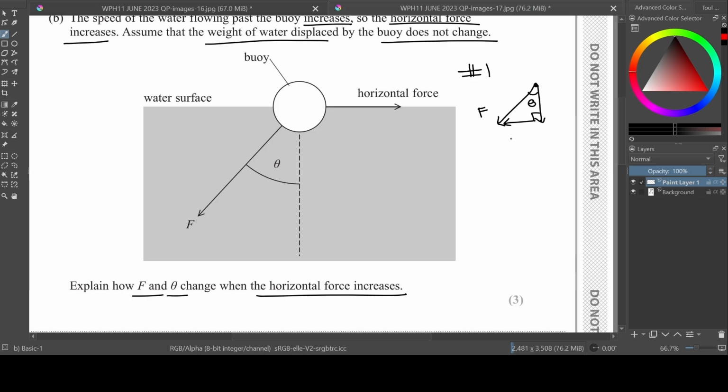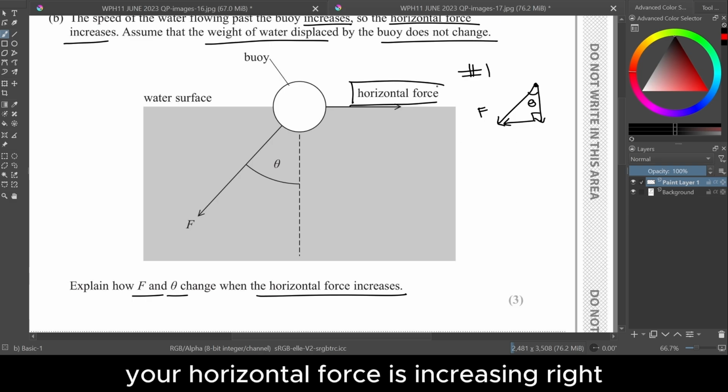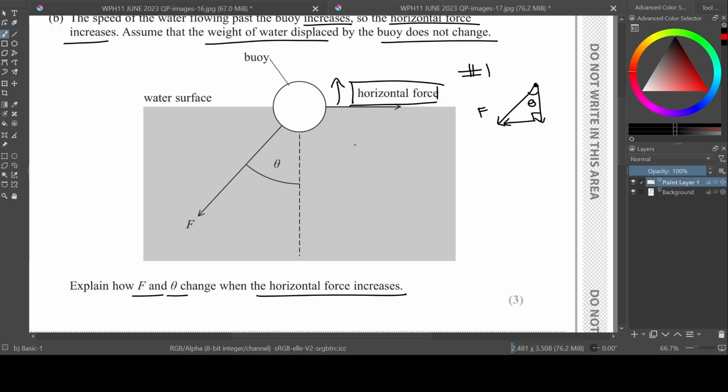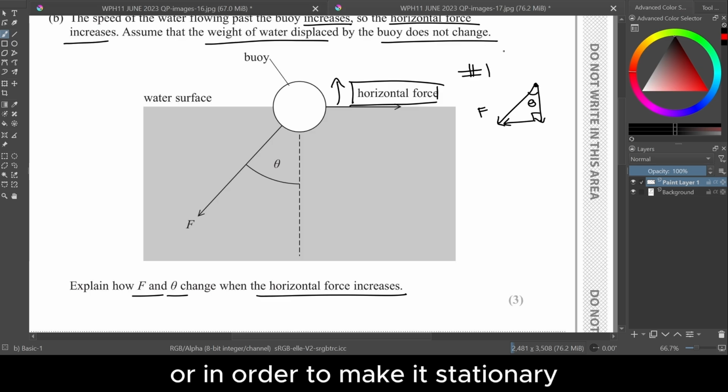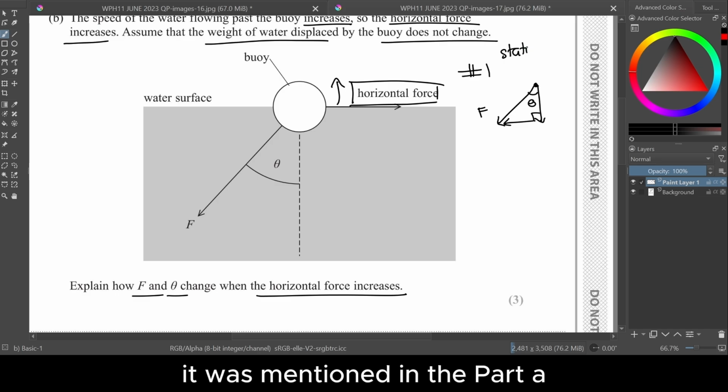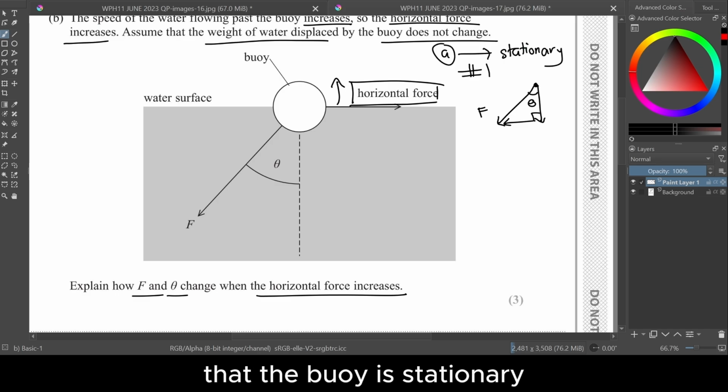Okay, now what happened is that your horizontal force is increasing, right? So in order to balance it, or in order to make it stationary, it was mentioned in part A that the buoy is stationary.